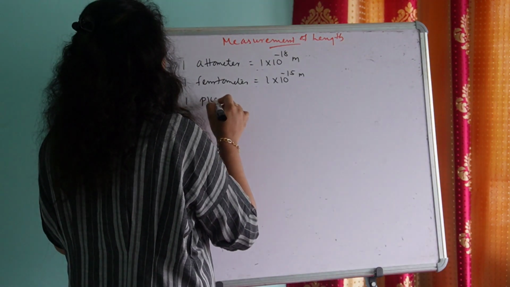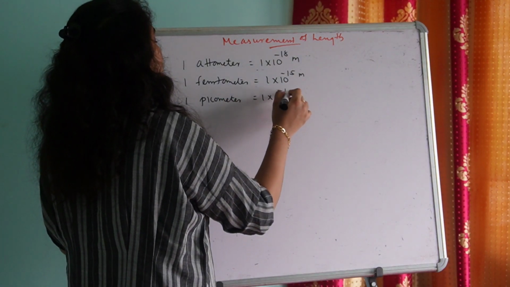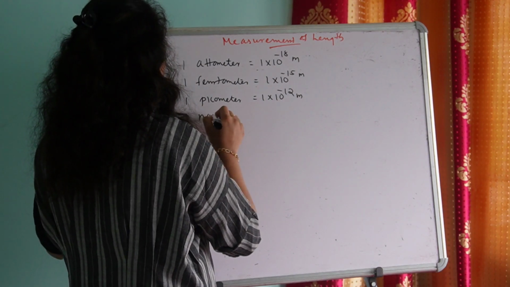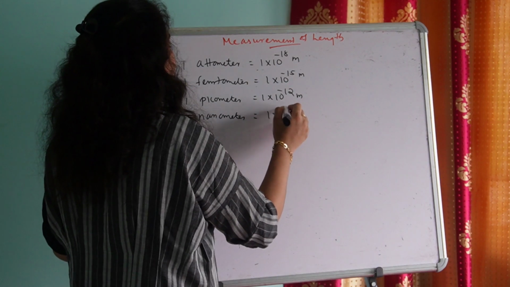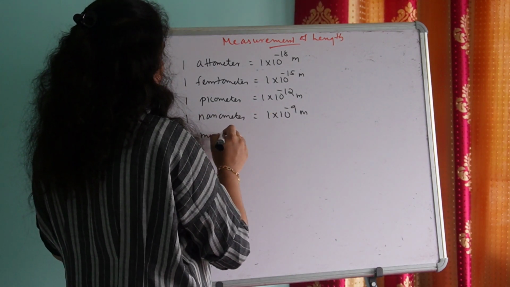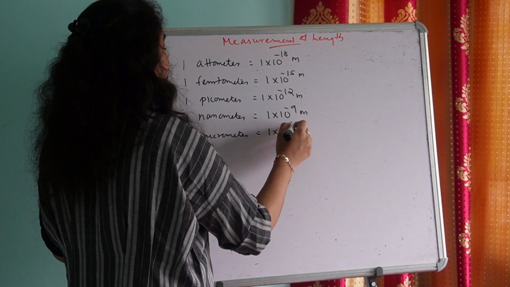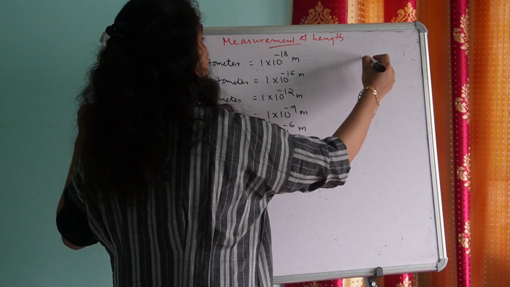Again, 1 picometer is equal to 1 into 10 power minus 12 meter. 1 nanometer is equal to 1 into 10 power minus 9 meter. 1 micrometer is equal to 1 into 10 power minus 6 meter. We use the symbol mu.